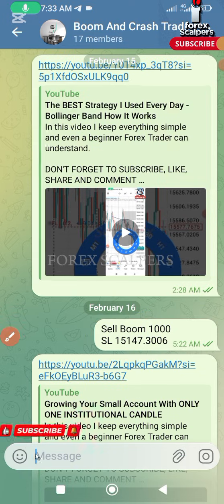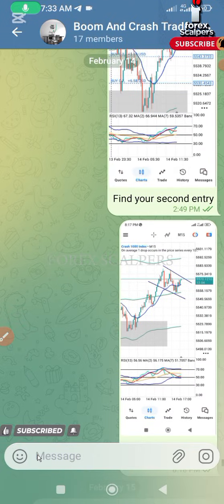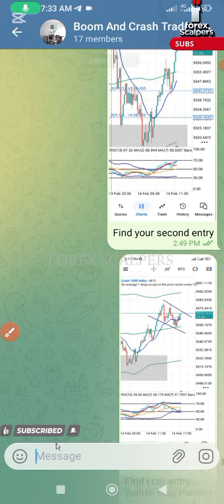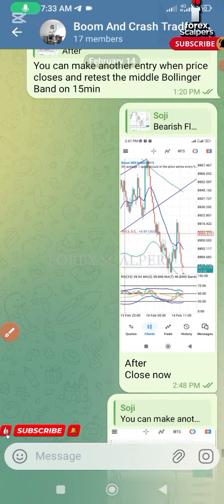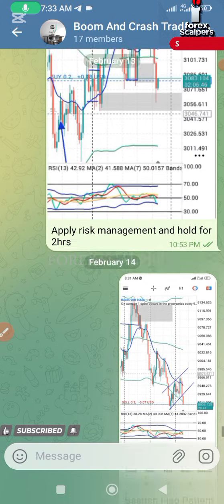It was given around 5:22 a.m. Of course, we as well gave this, and all of this already played out. So you can see how effective these signals are on our Signal group.